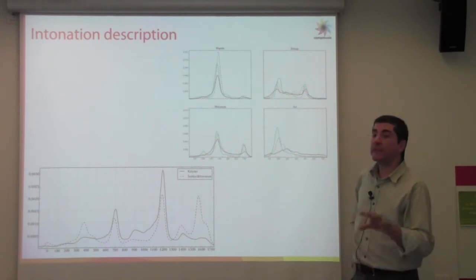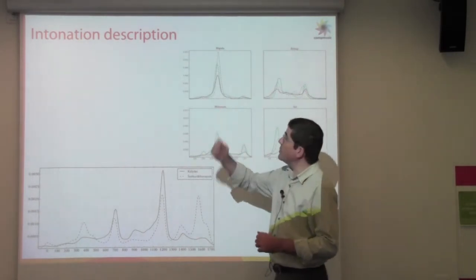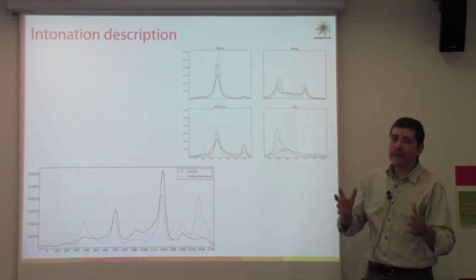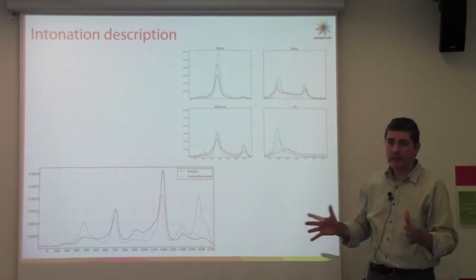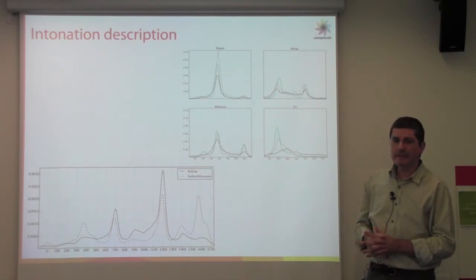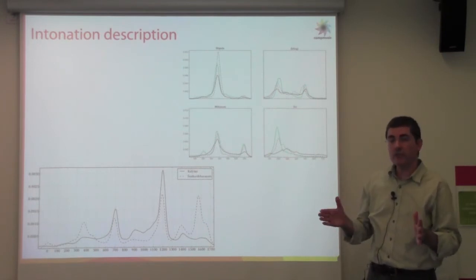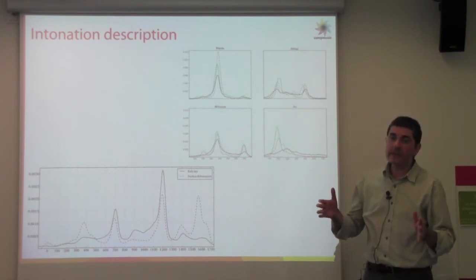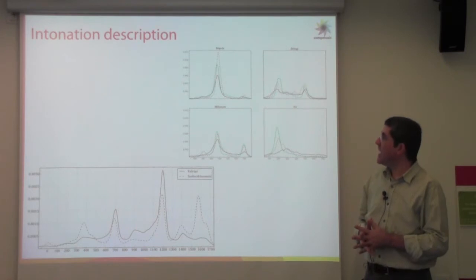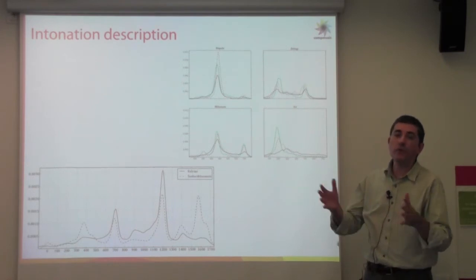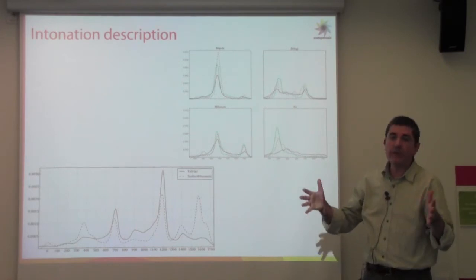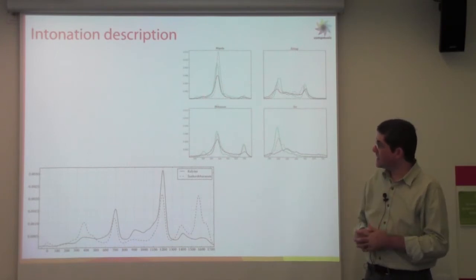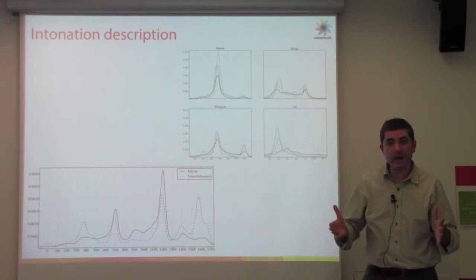Another type of problem related to melody is the issue of intonation. And again, intonation, depending on the tradition, it might mean something different. We are not talking about tuning, so we are not talking about the tuning of a particular instrument. We are talking about basically the voice, the singing voice, and how it modulates the pitch in order to express a particular melodic concept, or in this case, and this is again from Indian music, the concept of a raga.